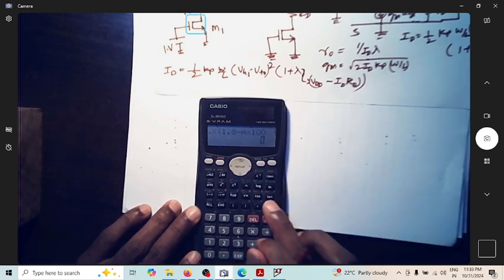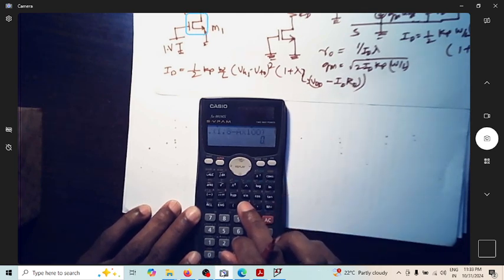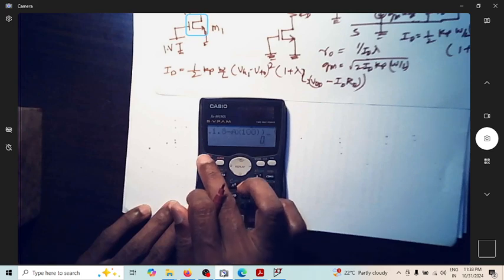That's RD. Close the parenthesis, shift calc.